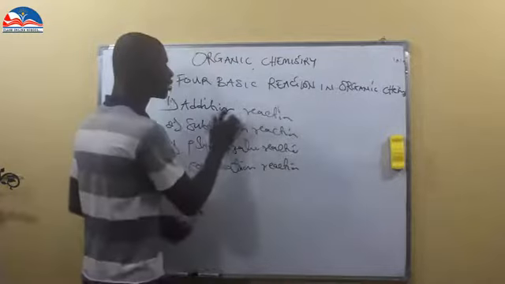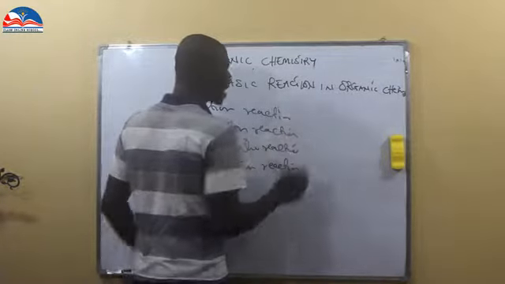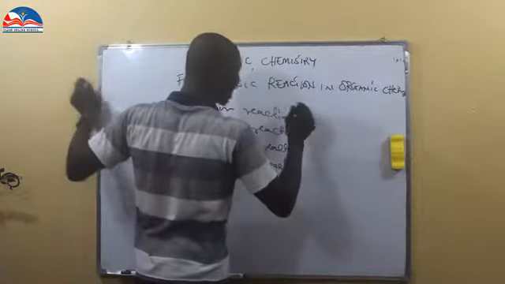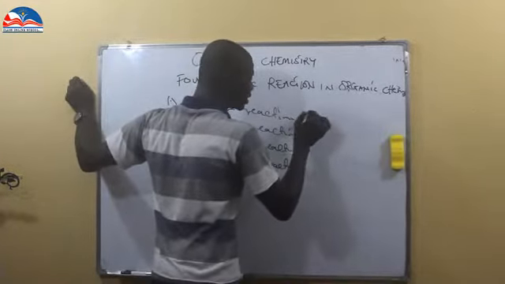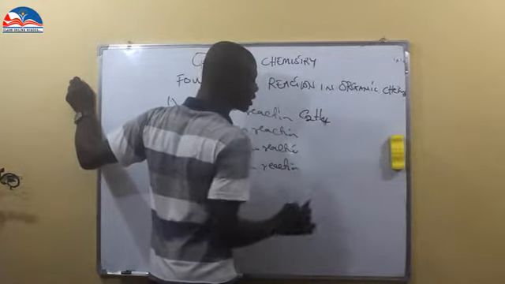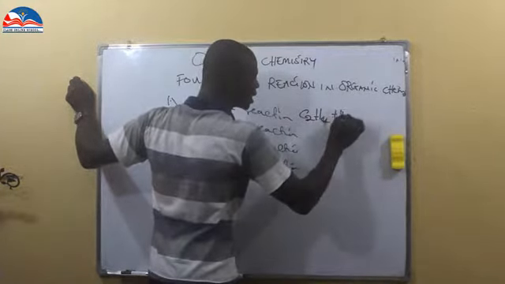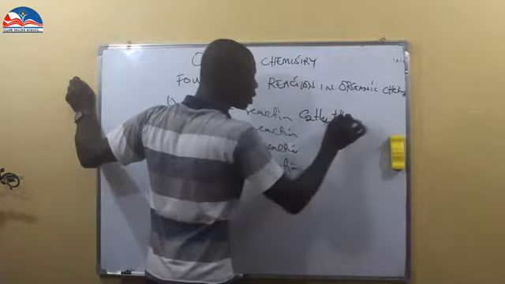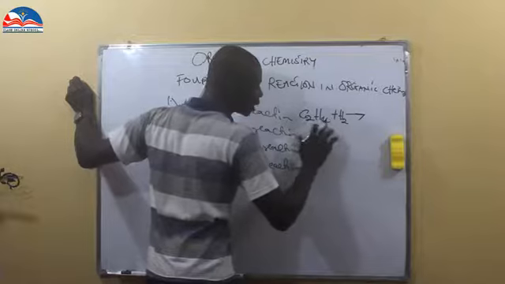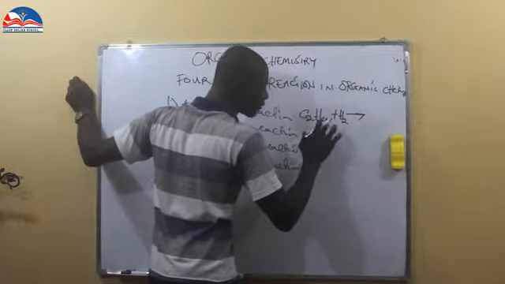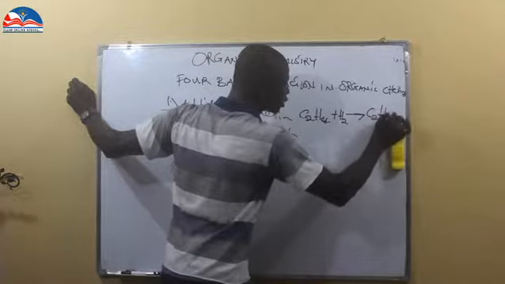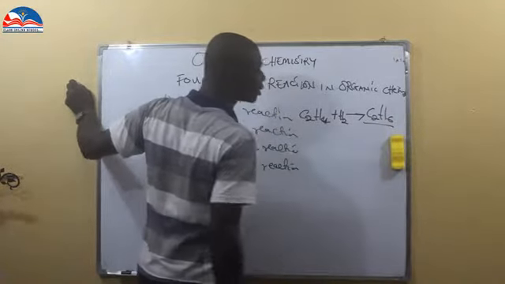For example, of addition reaction, if I have an alkene, C2H4, plus hydrogen gas or hydrogen molecule, how many hydrogens are here? Four. Now when you add these two, it becomes C2H6. This becomes what we call addition reaction.